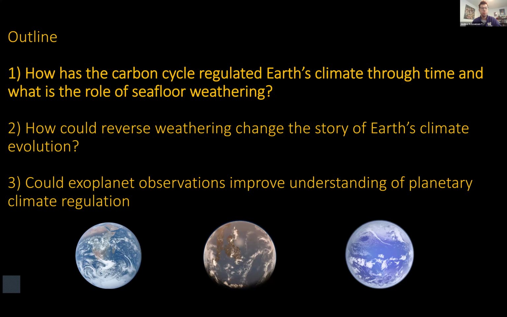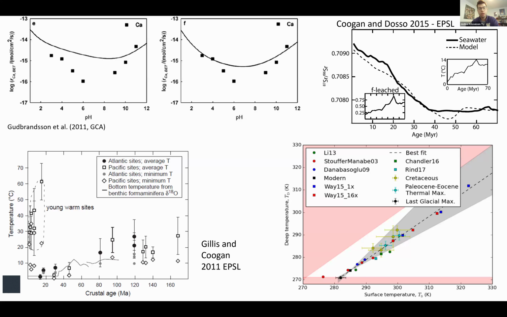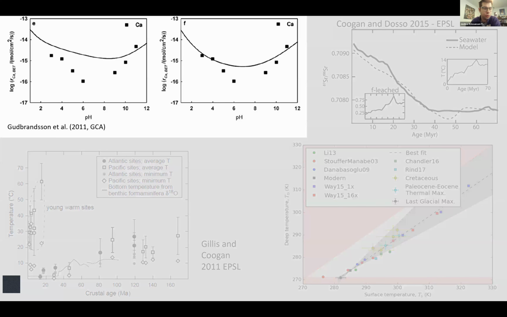Okay, so part one. This is going back to some of my PhD work and attempts to quantify the dependencies of seafloor weathering and how it is affected by ocean conditions, ocean pH, temperature, and so on. You can, of course, do experiments where you try to measure the pH dependence of the dissolution reactions that are important. There are a number of ways you can get at the temperature dependence of seafloor weathering.